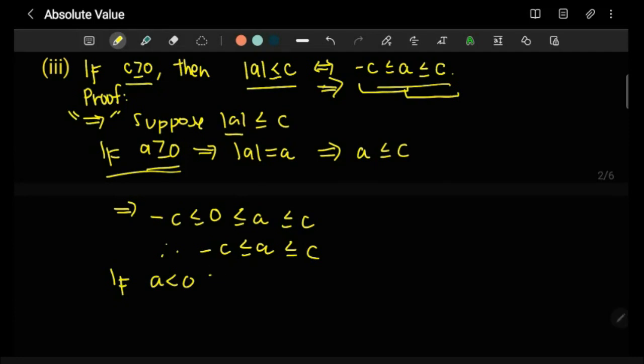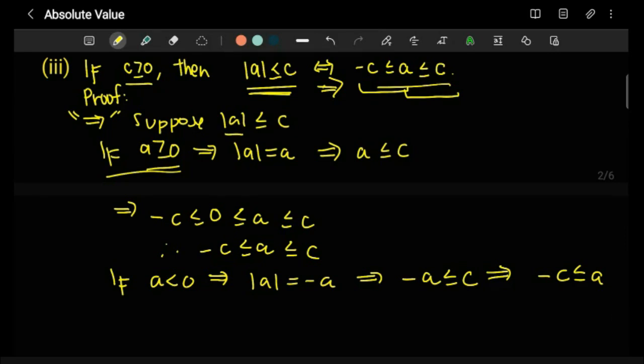Now, if A is less than 0, then when we evaluate the absolute value of A, we get negative A. Okay, so if we have the absolute value of A to be negative A, again substituting that in this expression, we will have negative A less than or equal to C. Well, we can rewrite that by transposing C to the other side and A to the other side: negative C is less than or equal to A.